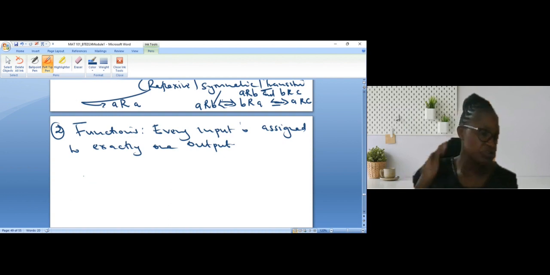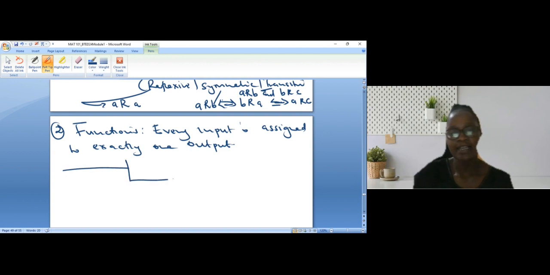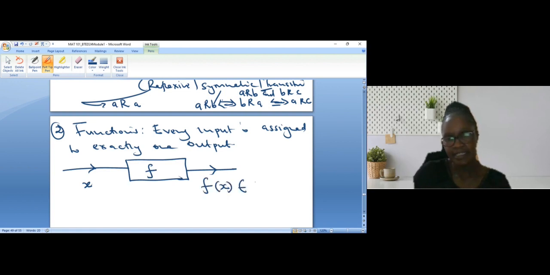One of the ways in which we visualize functions is as an input-output machine, where you input the element x, and you have a rule which you denote by f that assigns x to an output. You're defining a rule that assigns elements of a set A to a set B, in this case the rule being a function.